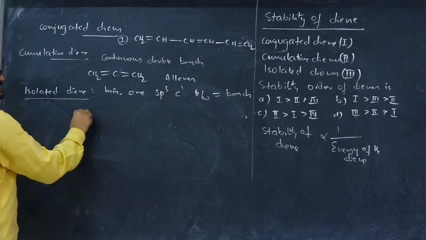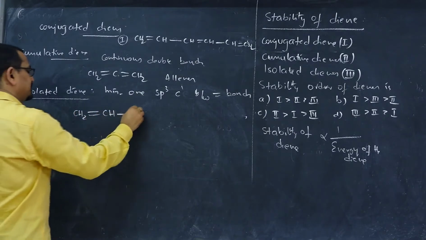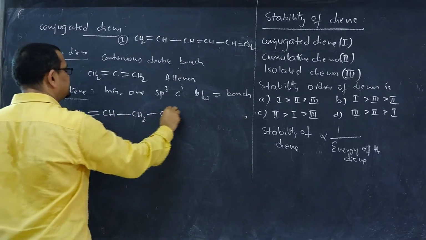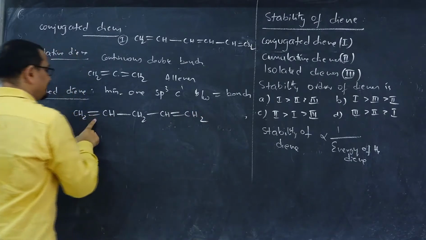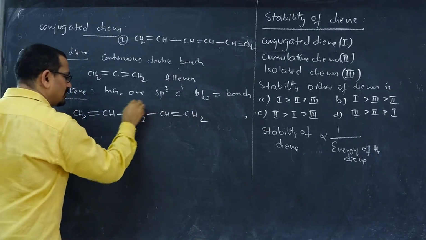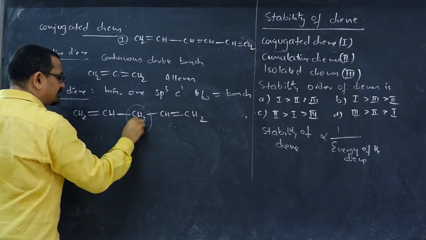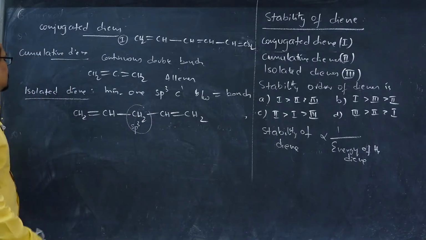Means CH2=CH-CH2-CH=CH2. See, between this double bond and this double bond, one sp3 hybridized carbon is there. So such dienes are called isolated dienes.